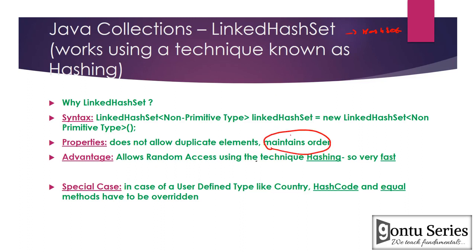The only difference is it's going to maintain the order. Everything else apart from this is going to be the same as what you observed in the case of HashSet. The only difference is this. Instead of HashSet, you write LinkedHashSet. Okay. Now when it arranges things, it maintains the order. That's the only difference. LinkedHashSet maintains the order, and HashSet doesn't maintain the order.